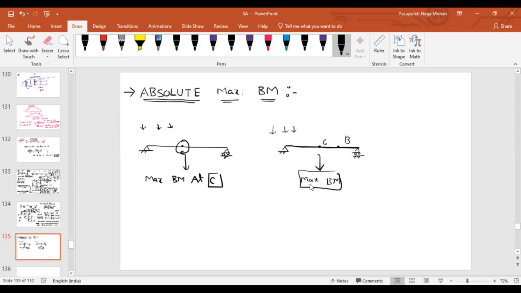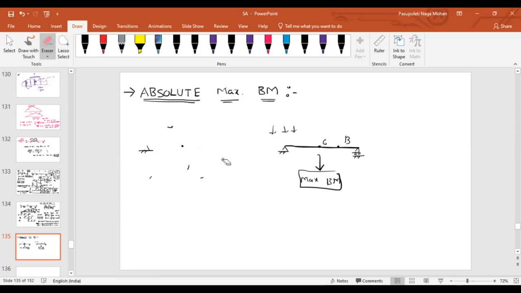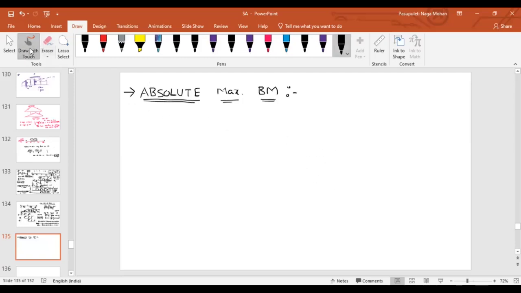For this, again, there is one condition that you have to learn by heart. Let me discuss the condition. If it is a maximum bending moment at any particular point, how do we find it? You have to find a transition point where the average load on AC and average load on CB are equal.